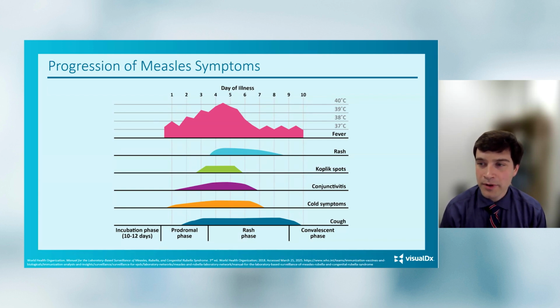The length of this prodromal period can be variable, but usually lasts at most around 4 to 5 days, and then peaks where the fever gets really high, up to around 105 Fahrenheit, around the same time that the rash first emerges. And the rash then lasts about 4 days or so, and then convalesces. So if you see a patient who had rash precede the fever, that makes it very unlikely to be measles.